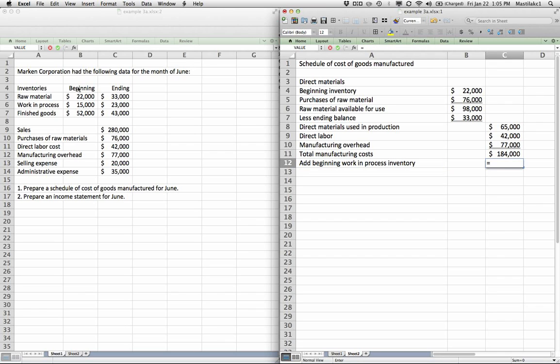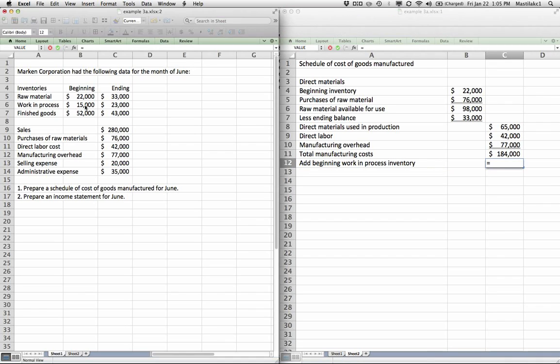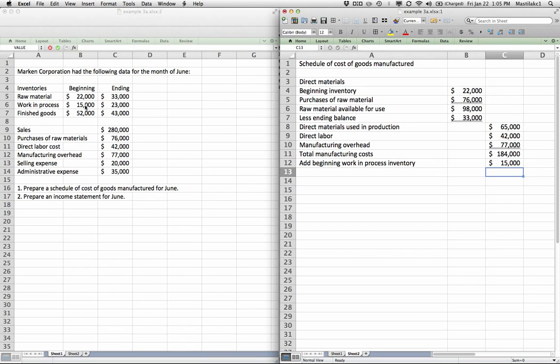And we get that over here from our beginning work in process, $15,000. That gives us the total work in process. At any point during the month of June, we had 15 to start with, and we added 184 to it. So we had a total of $199,000 worth of work in process at any point during the month of June.